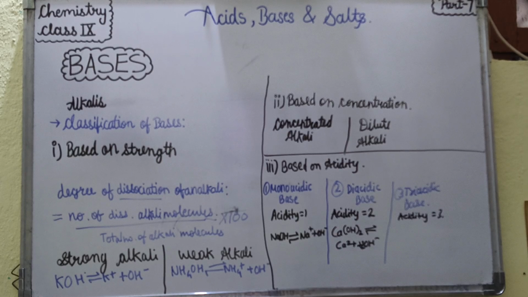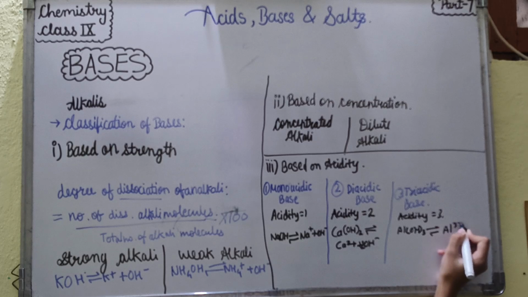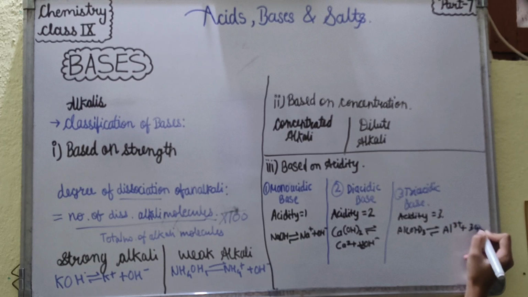Examples: Al(OH)3, Cr(OH)3, Fe(OH)3, etc. are the triacidic bases. Example: Al(OH)3 gives Al3+ and 3 OH-.